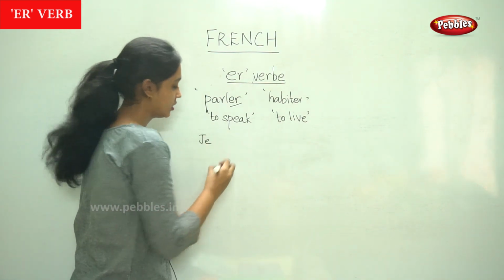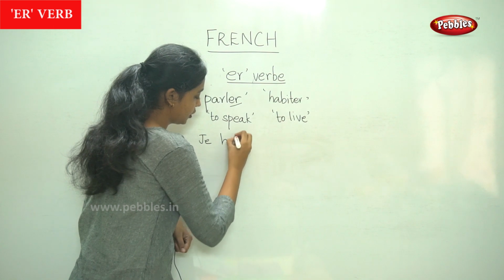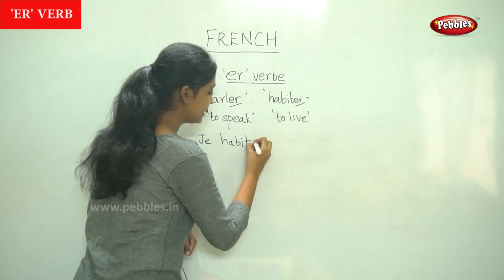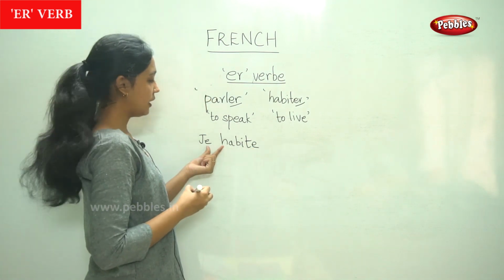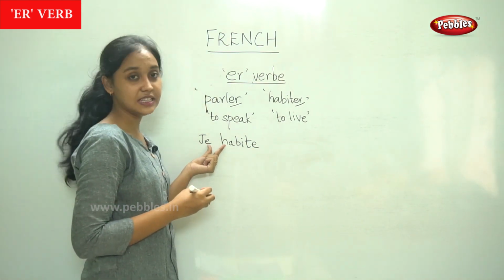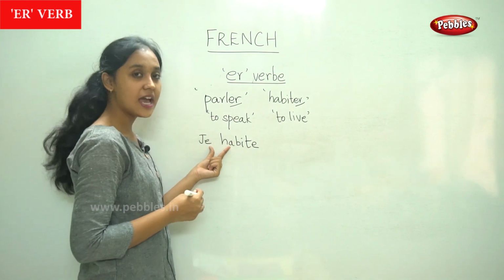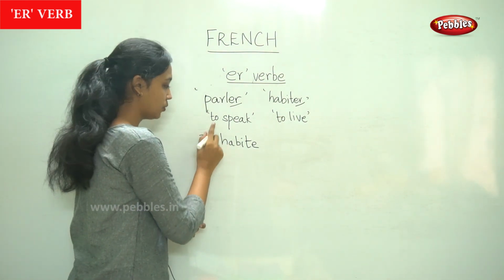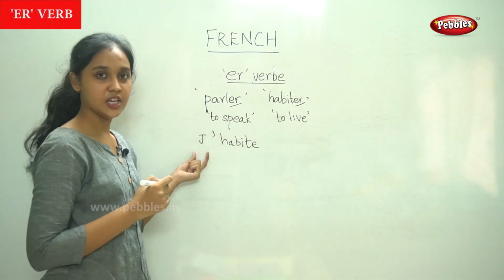Je. We remove ER and add E. However, here we can see that there is a vowel clash, and you know what to do. We replace E with an apostrophe. J'habite.